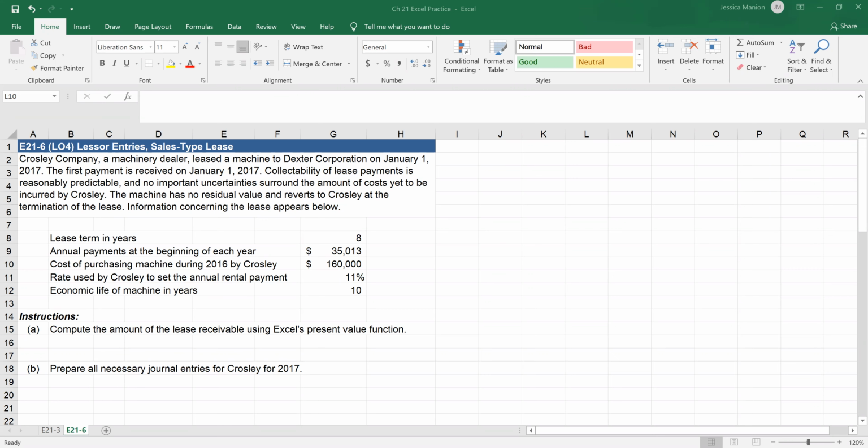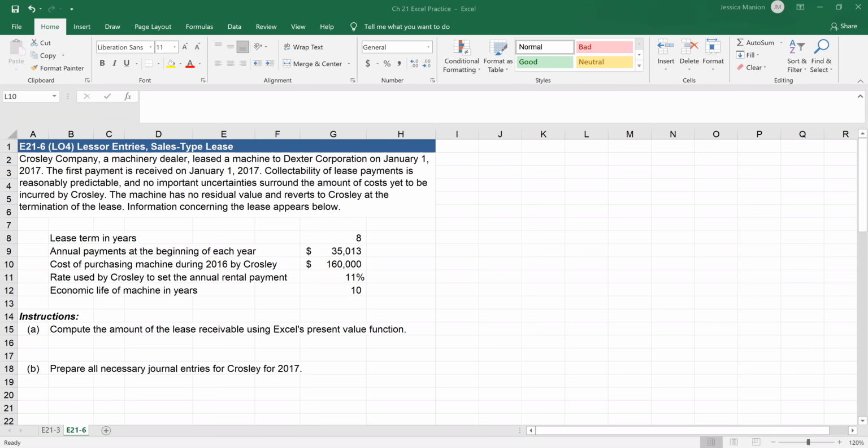When we think about the direct financing lease, which we just practiced, we record interest revenue because the fair value of the asset equals the cost of the asset. There's no difference between them, so we record the difference as interest revenue for the lessor.